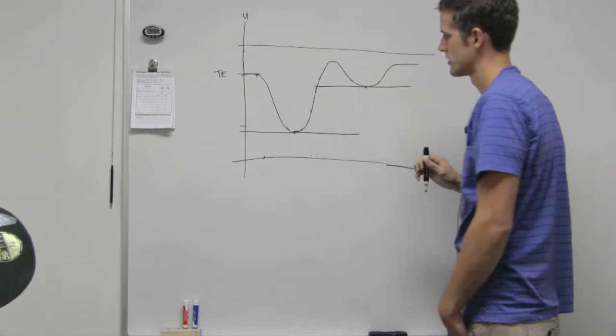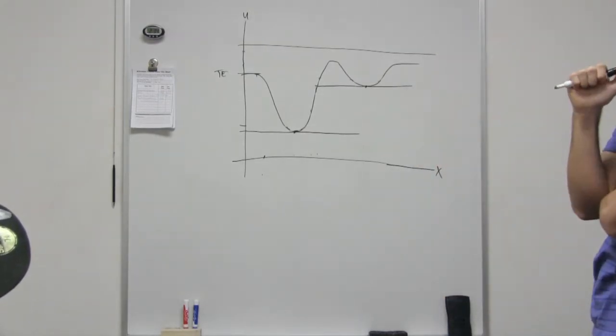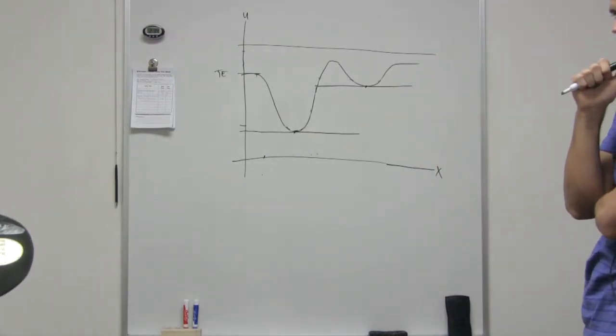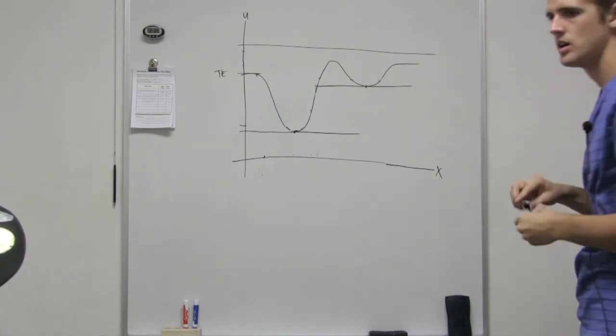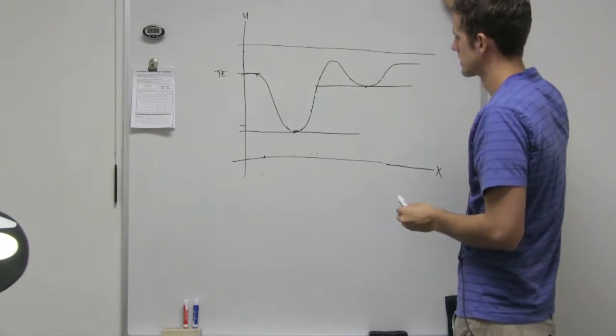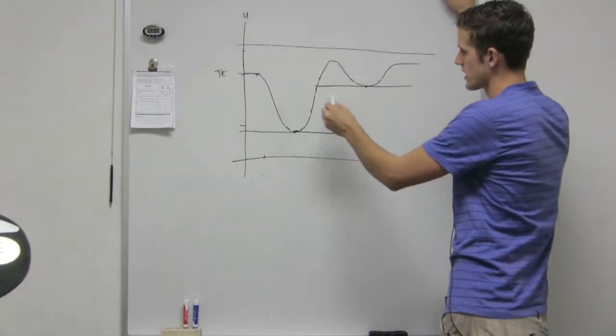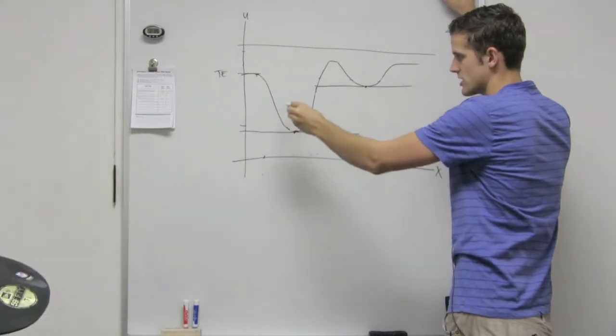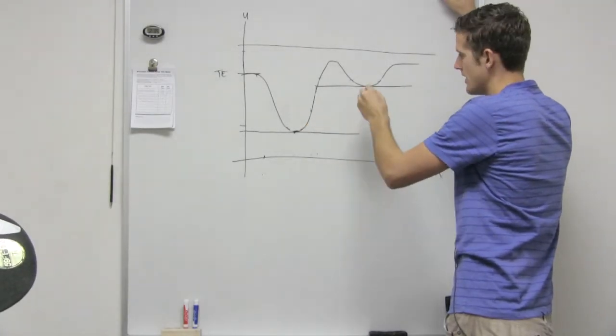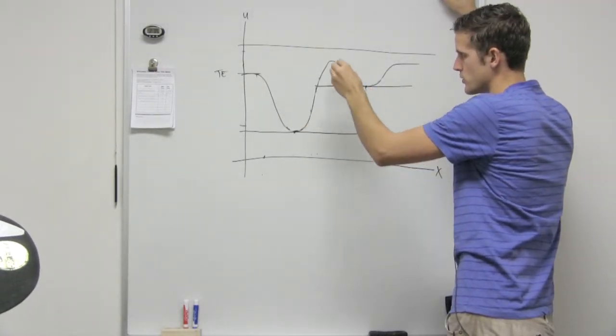Would it be able to move? No, not at that position. Right, even though if you could get it to move over here, it could get some kinetic energy. At this position, it's impossible for it to move there.